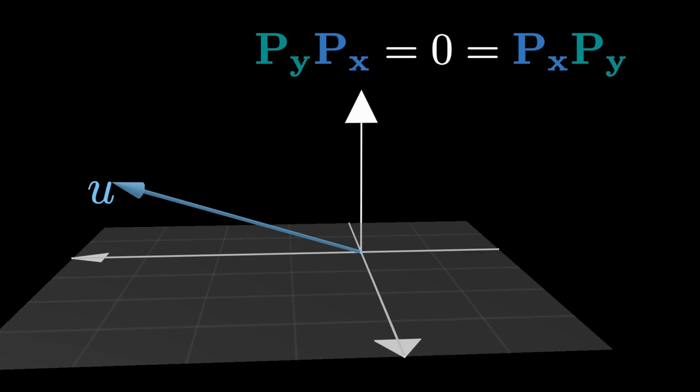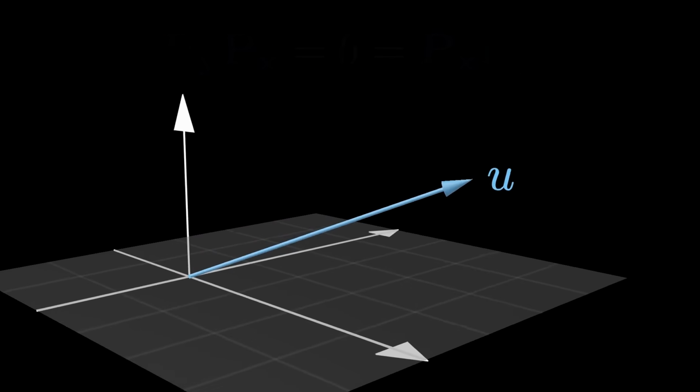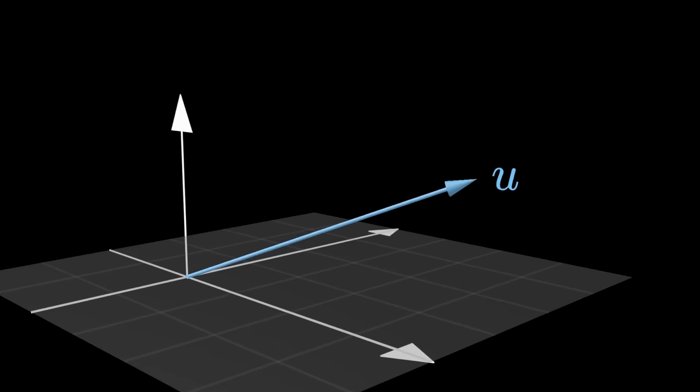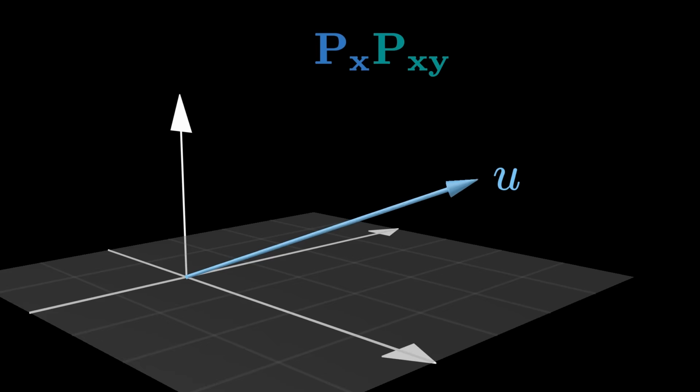The other case that's straightforward is when one of the subspaces is nested inside the other. For example, suppose one of our projections is to project onto the xy plane, and the other is to project onto the x-axis. One way we could do this is to first project the xy plane, then project the result onto the x-axis. What if we switch the order?